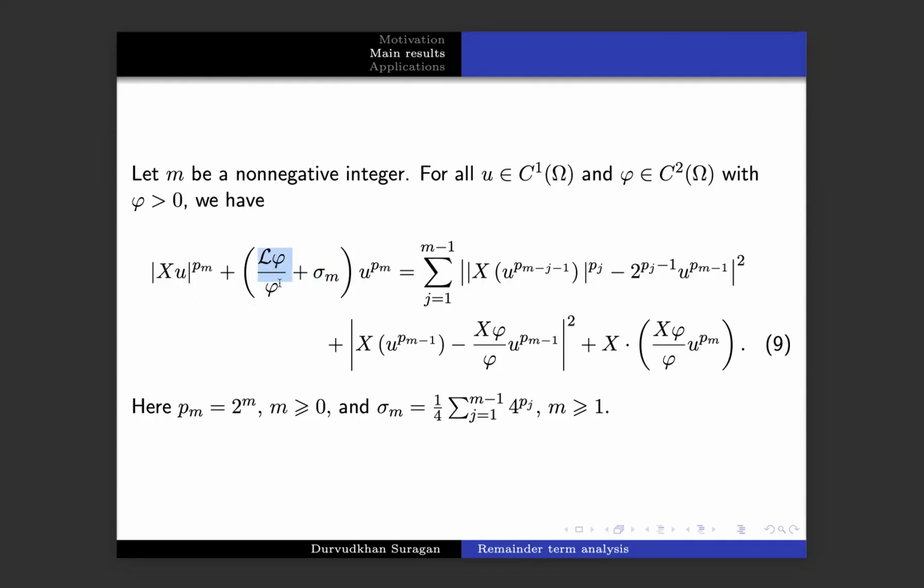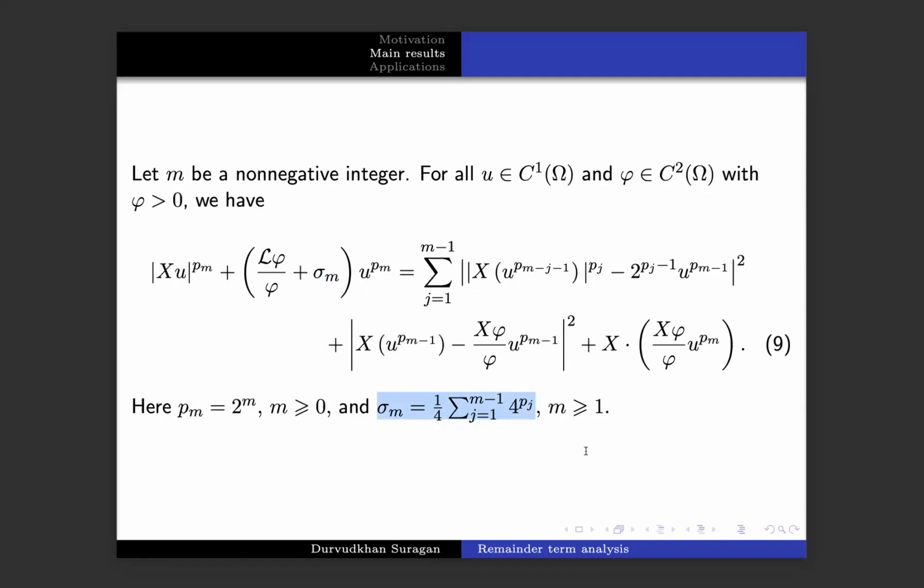So in the L2 case we had this term, and that gave us the remainder formula. But in the LP case, in addition to this lambda, we have another number. This is an interesting number, and it has an explicit formula.